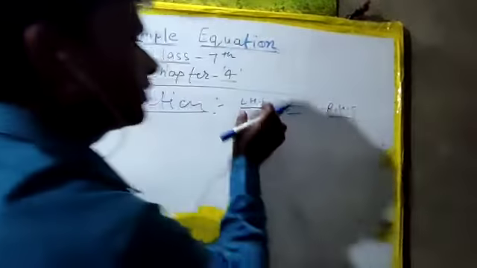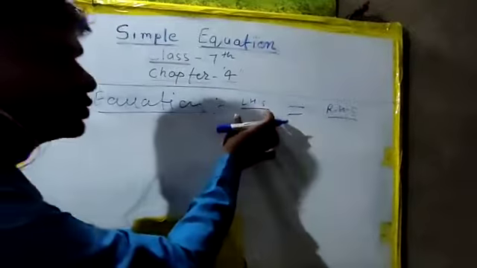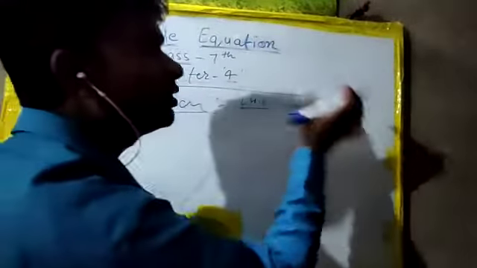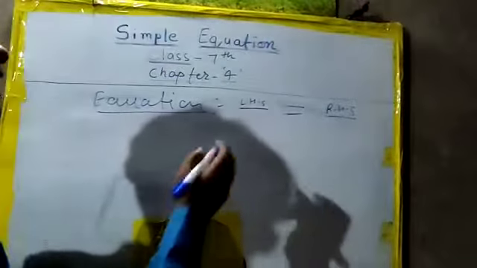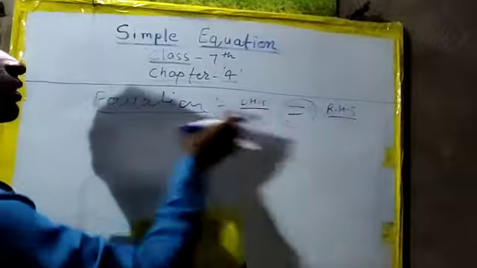Whatever information is on the left side, its solution must be equal to the RHS, right? This is represented through is-equal-to, and that comes under an equation.